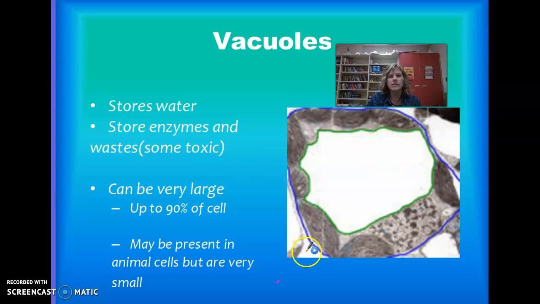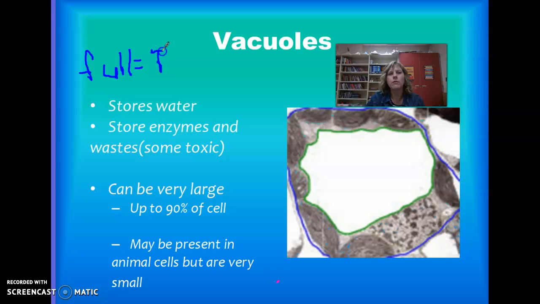Vacuoles, we said, in plant cells are very large. When this vacuole is full of water, so it stores water and also enzymes and some waste, the vacuole itself pushes against that cell membrane. Sorry, I'm writing with a mouse because I don't have my board.